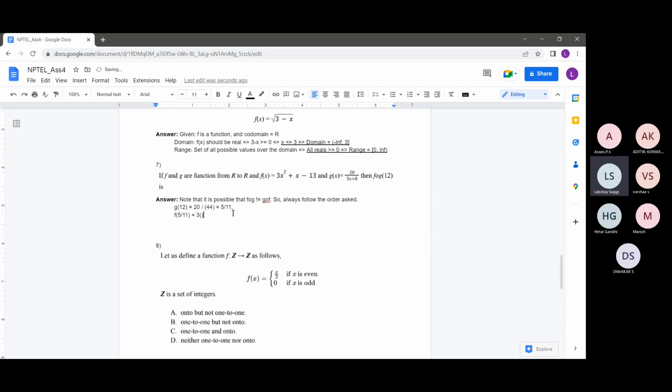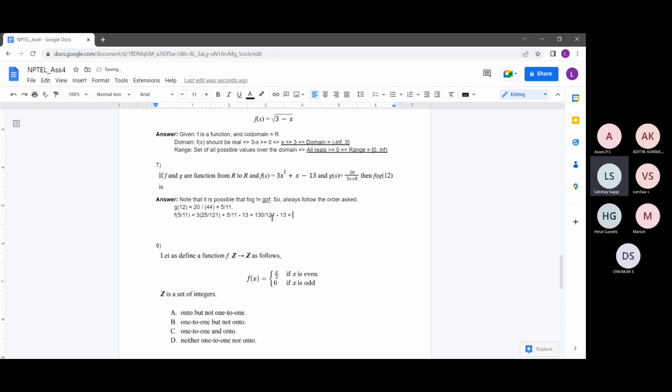The square would be 25 upon 121. So it will be 3 times 25 by 121 plus 5 by 11 minus 30. This can be written as 55 by 121 and this is 75 by 121. So it will come out to 130 by 121 minus 30. I think this is what you would get.